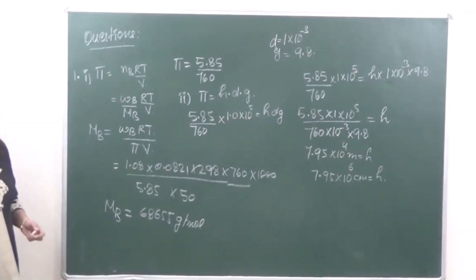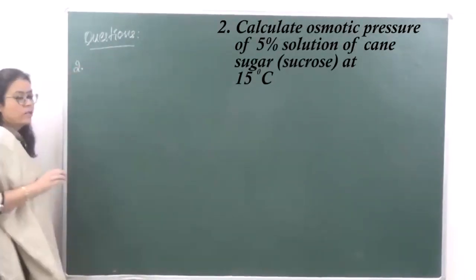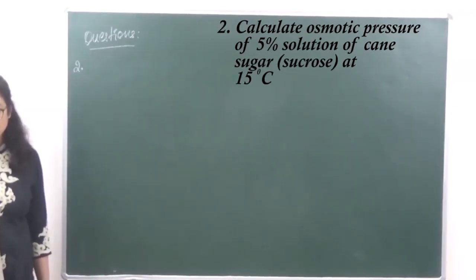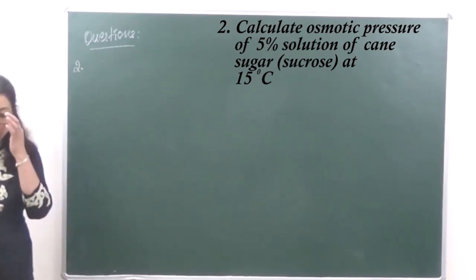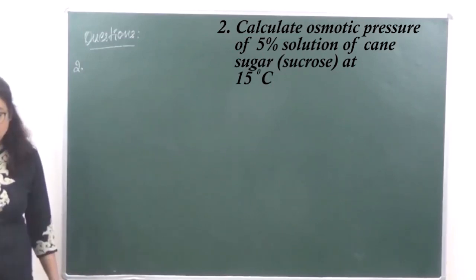Let's go on to question number 2. Question number 2 is: calculate the osmotic pressure of a 5% solution of cane sugar or sucrose. So osmotic pressure we have to calculate.